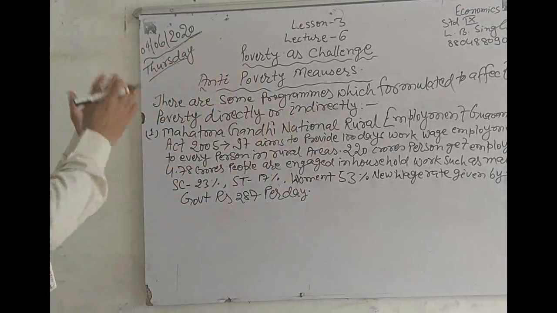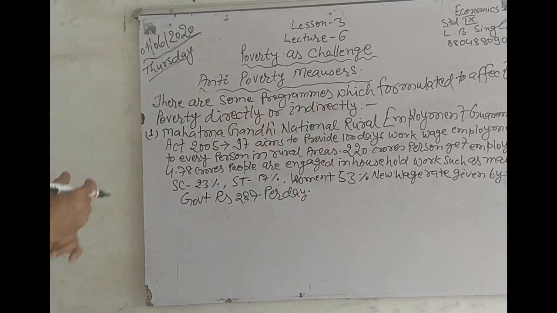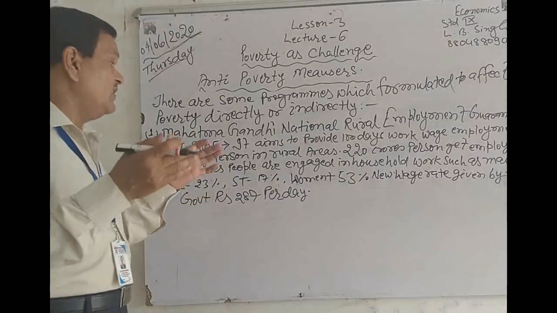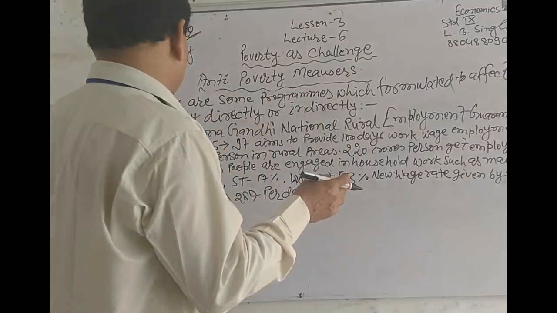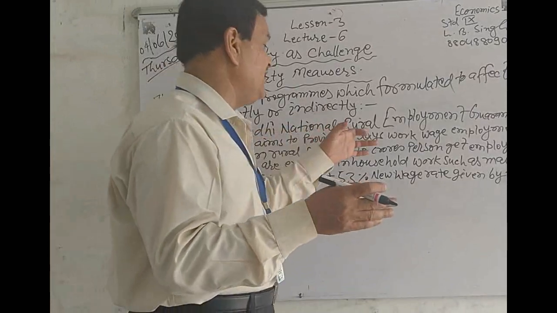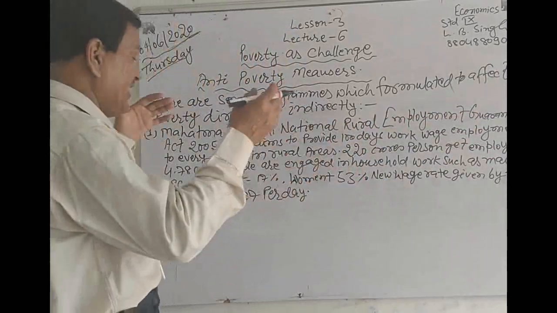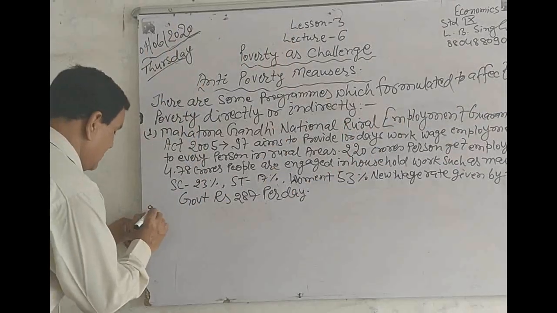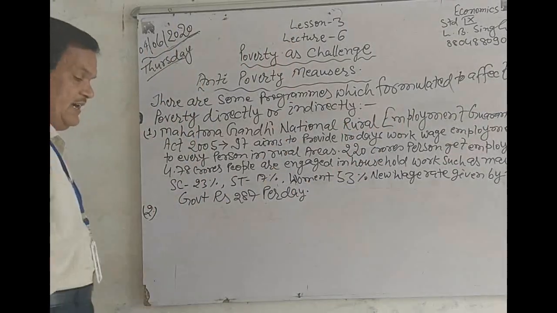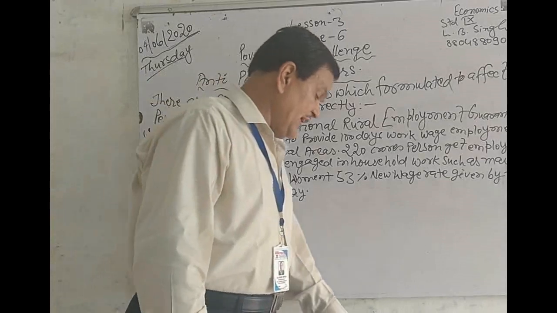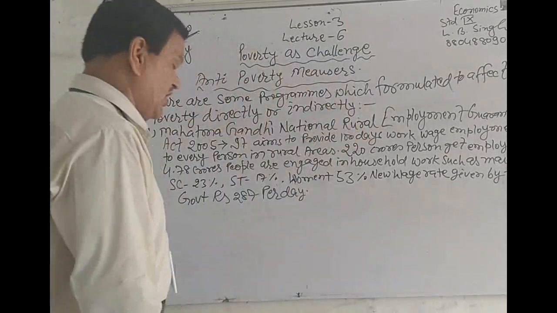So you can see how many people are getting jobs in rural areas through the Mahatma Gandhi National Rural Employment Guarantee Act 2005. The second one is known as Prime Minister Rozgar Yojana.